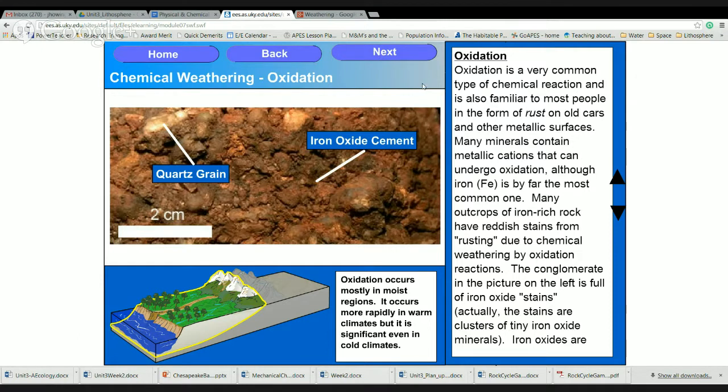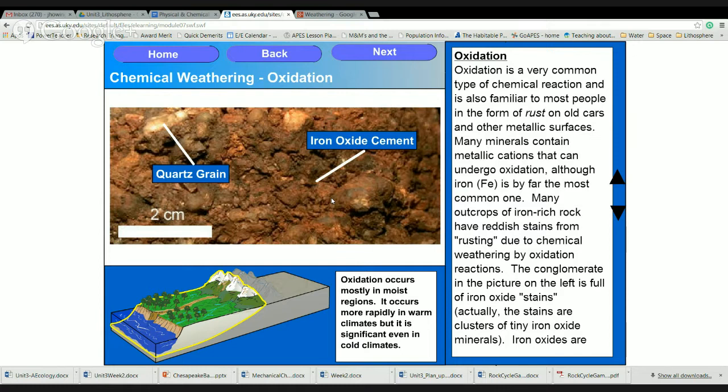The next one is oxidation. We're all pretty familiar with oxidation in the form of rust. So the metallic cations in rocks can rust. A lot of times these cations in the rocks are the cement that are holding pieces of sediment together to make sedimentary rocks, or holding the pieces of metamorphic rocks together.